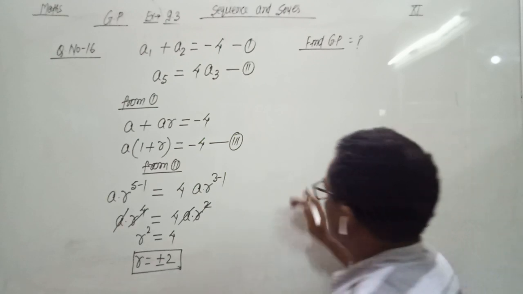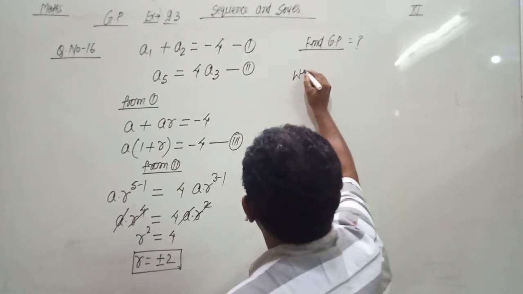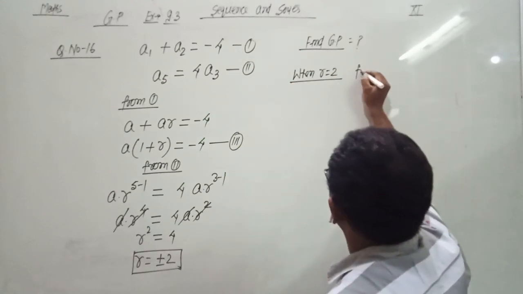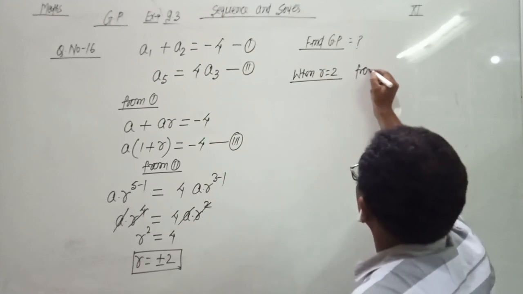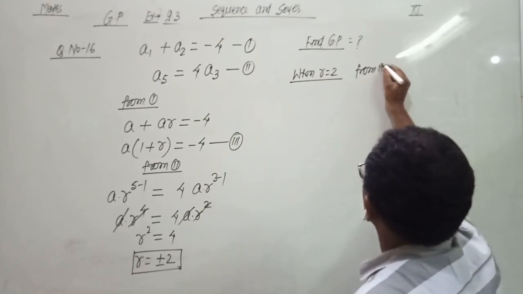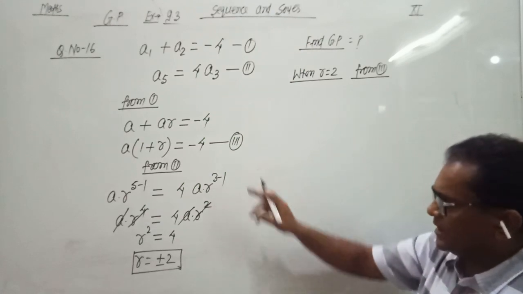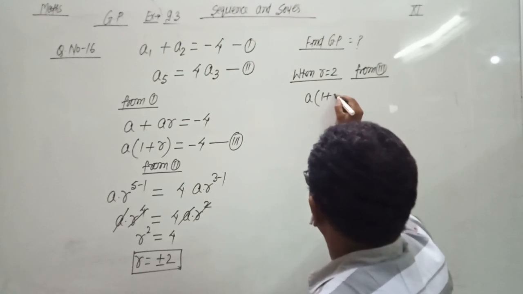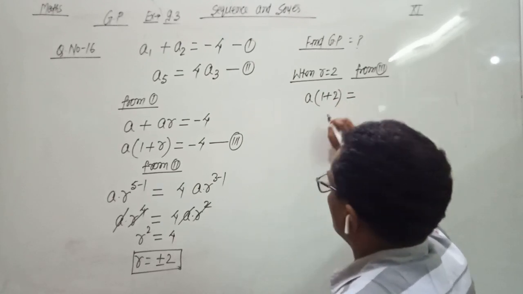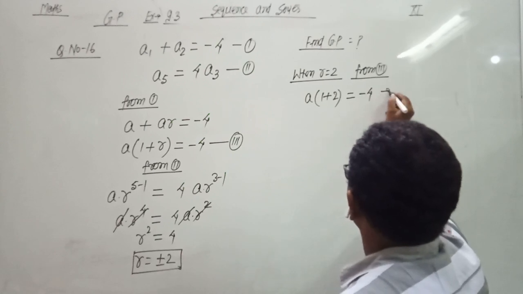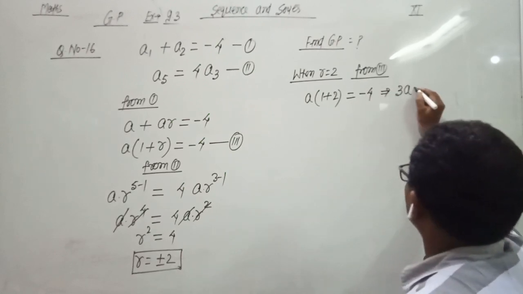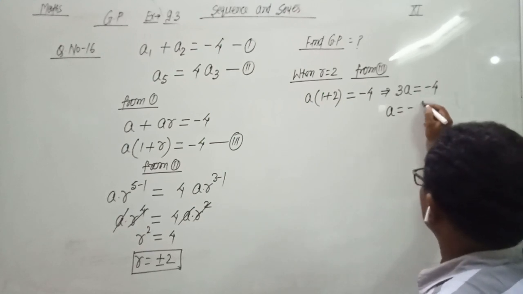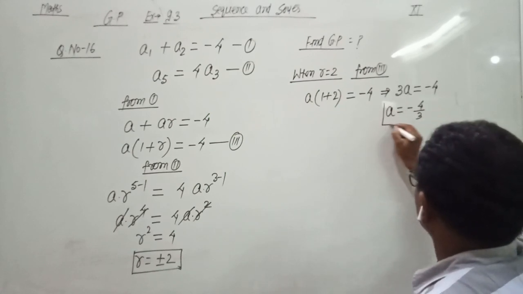Now when R equals 2, then from the first equation, A into 1 plus R, the value of R is 2, equals minus 4, so 3A equals minus 4, and the value of A equals minus 4 by 3.